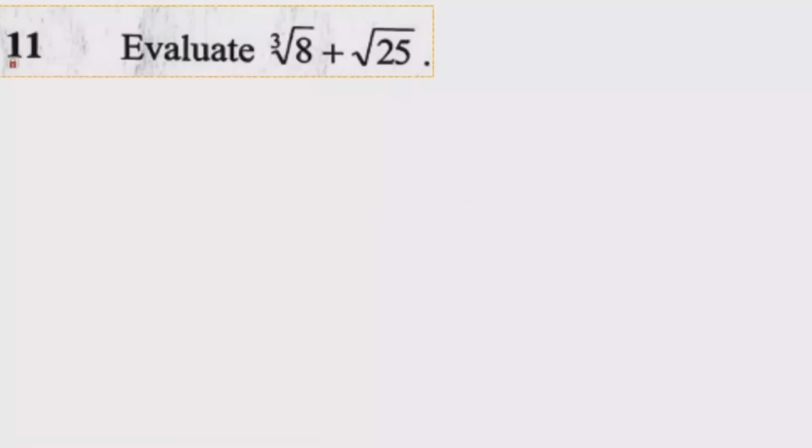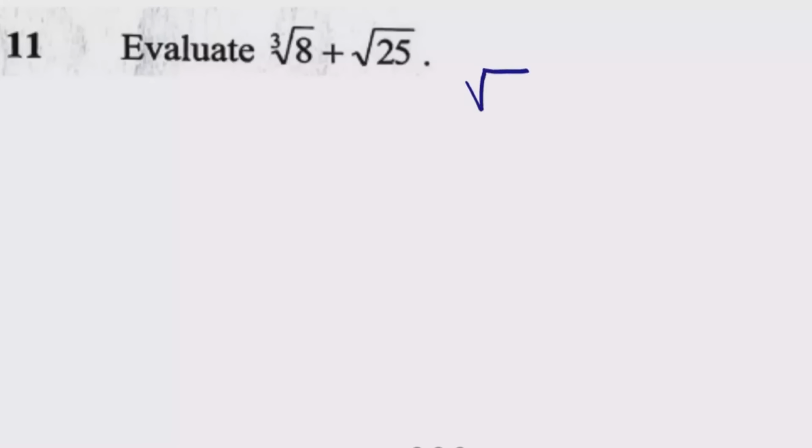Question 11 is as follows. Evaluate cube root of 8 plus square root of 25. So what we need to do now is evaluate this. We write the same expression: cube root of 8 plus square root of 25.